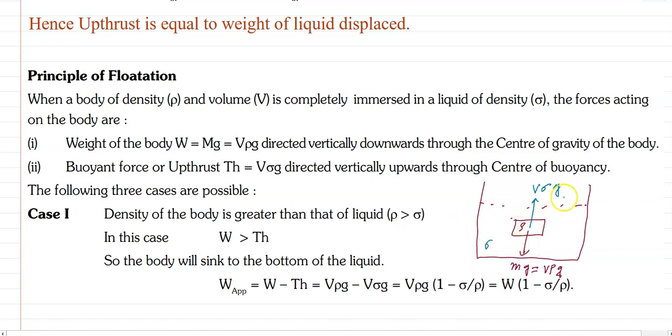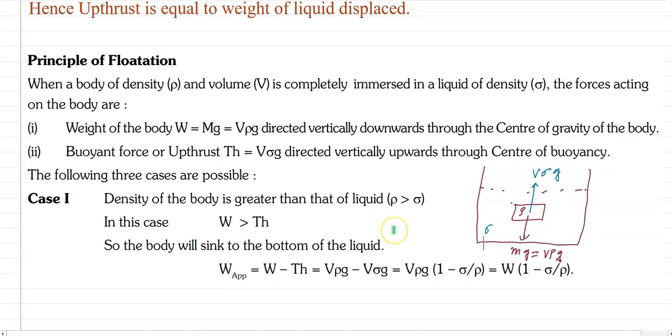Then the net upward force will be V sigma g minus V rho g. If V sigma g is greater than V rho g, the body will float. If V rho g is greater than V sigma g, then the body will sink. This is the main phenomenon.